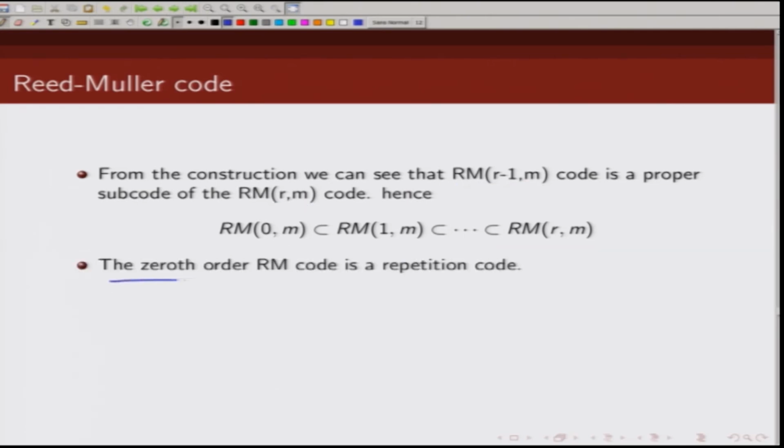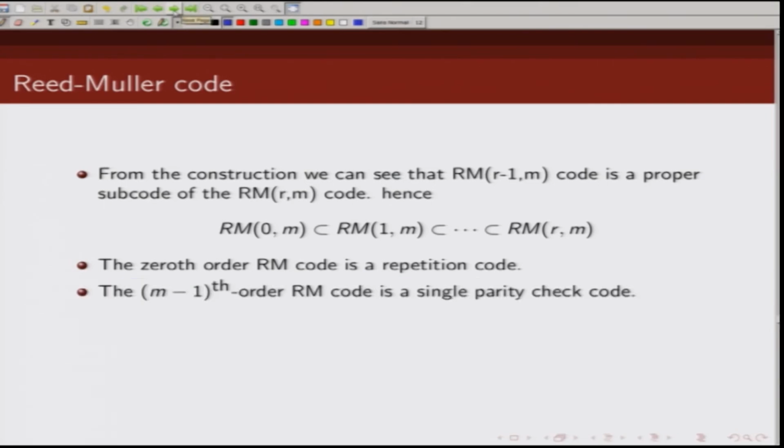The 0th order Reed-Muller code is a repetition code. This we have shown earlier also. Note that for the 0th order Reed-Muller code, your G matrix will only have this V0, which is all ones, and that is precisely the generator matrix for repetition code.